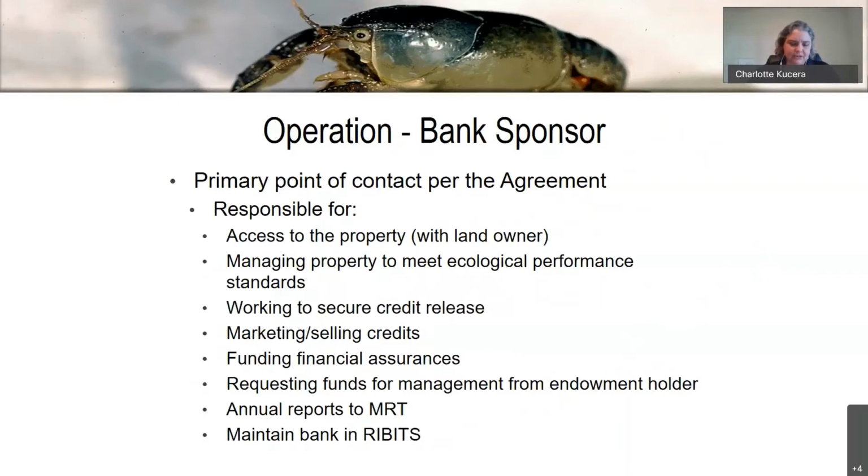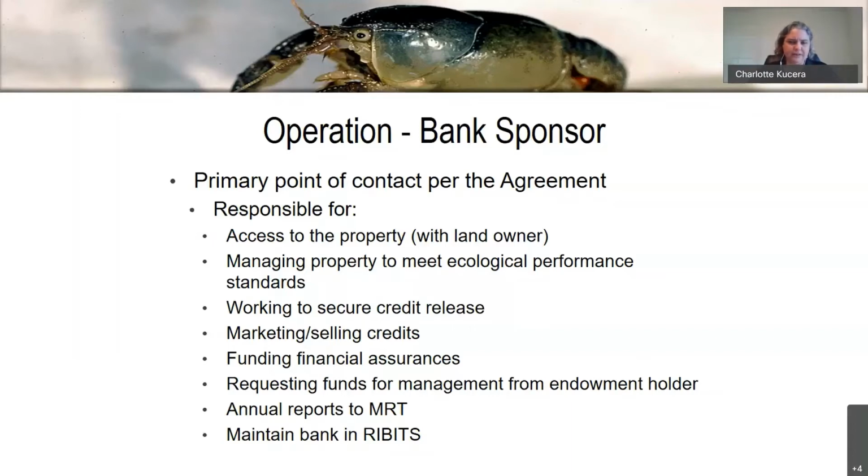So during bank operation, the responsibilities of the bank sponsor include being the primary point of contact under the banking agreement or the bank enabling instrument. They are responsible for access to the property along with the landowner if they do not own the property, managing the property to meet ecological performance standards. Those are the biological underpinnings for the credits. Working to secure credit release.